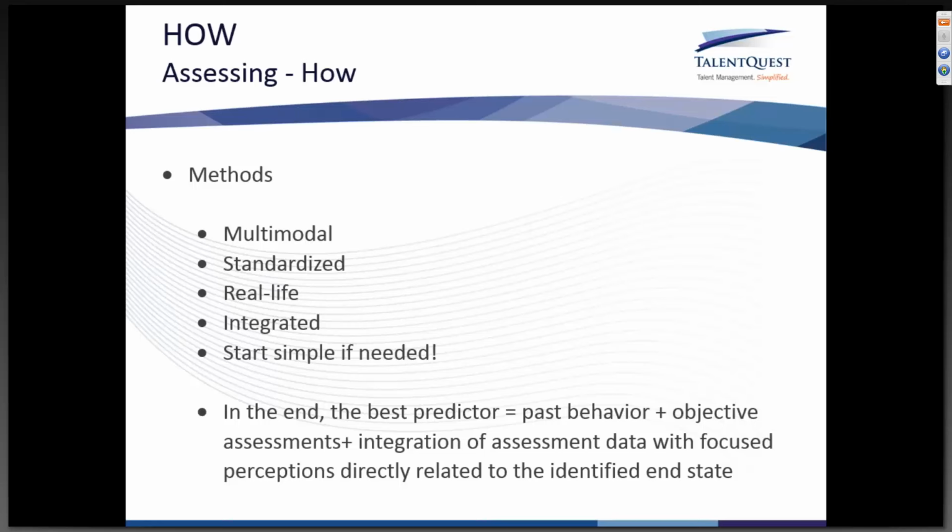The best predictor is past behavior, plus the objective assessments we talked about, and the integration of that assessment data with perceptions that are related to what we're really looking for. So again, don't dispense with a consideration of how an employee's doing, but tack onto that some objective assessments of their potential and those high potential indicators, and then sit down and put all that together. And that typically is the best way of going about business in this area.